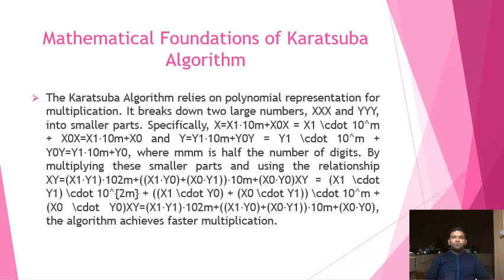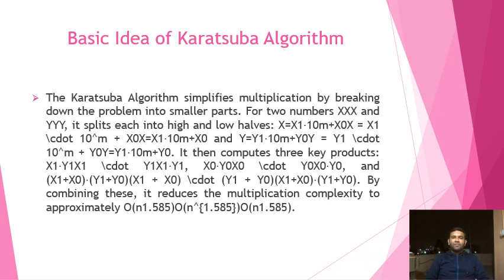The mathematical foundation of the Karatsuba algorithm relies on polynomial representation for multiplication. It breaks down large numbers x and y into smaller parts. Specifically, by multiplying these smaller parts and using relationships, the algorithm achieves faster multiplication. Next, the basic idea of the Karatsuba algorithm: simplification and multiplication by breaking down the problem into smaller parts.